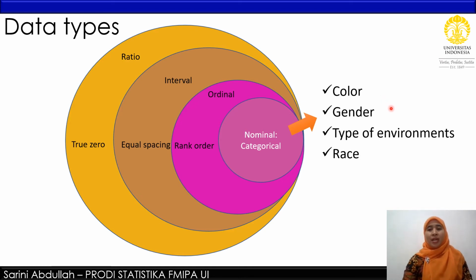Also gender, like male and female, I think they are of equal position. No gender is above the other gender. The type of environments, like the example in the previous videos, and also race, like white skin or colored skin, we think they are of equal position. So these kinds of measurements are examples of nominal data.